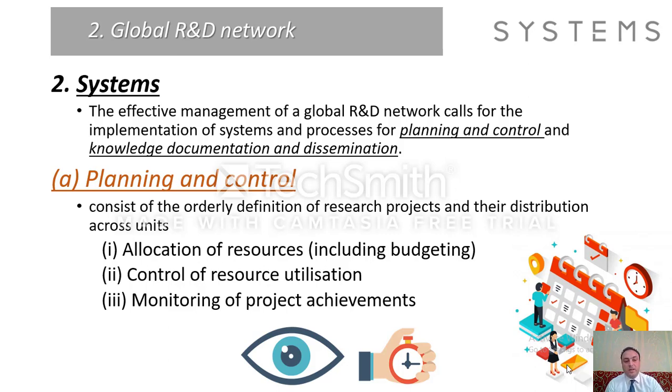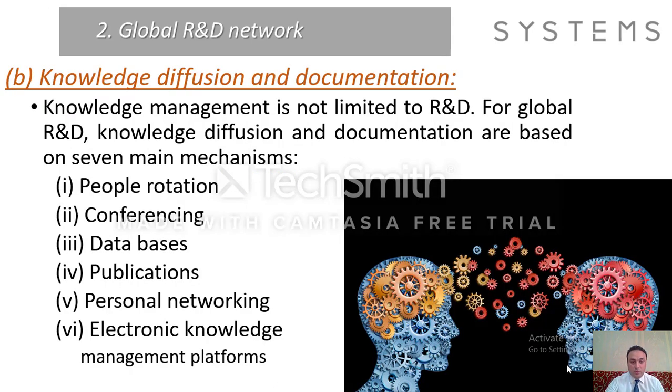First, planning and control consists of the orderly definition of research projects and their distribution across units. It has many components, like the allocation of resources, including budgeting, also the control of resource utilization, and the monitoring of project achievements. It's all about planning and control.